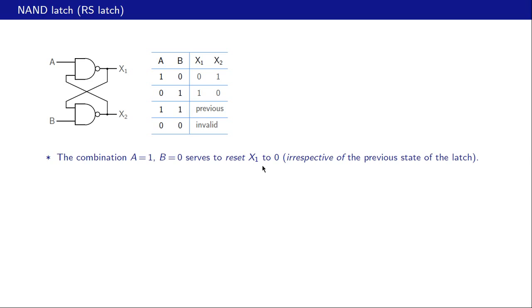And why are we saying that? Look at this table. A equal to 1, b equal to 0, x1 is 0. And this happens irrespective of the previous state of the latch. So if you go back one slide, you will realize that this is derived with no reference to the previous state of the latch.